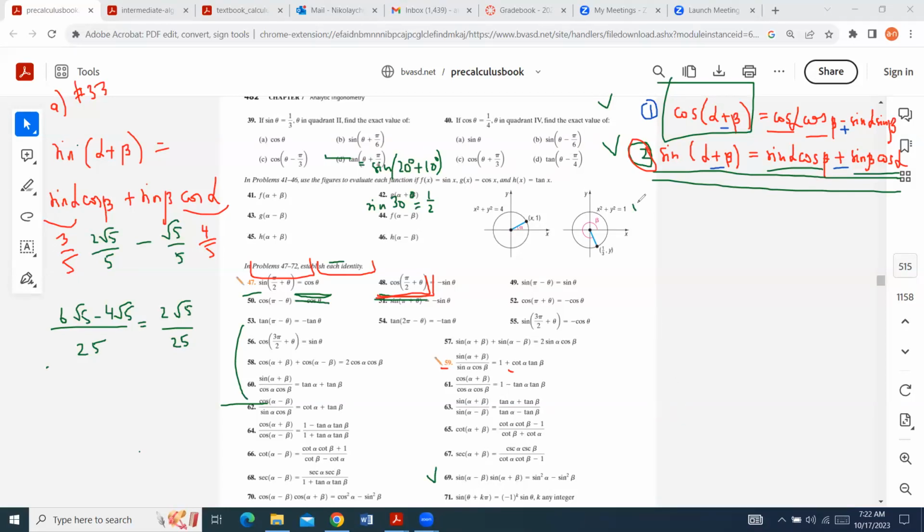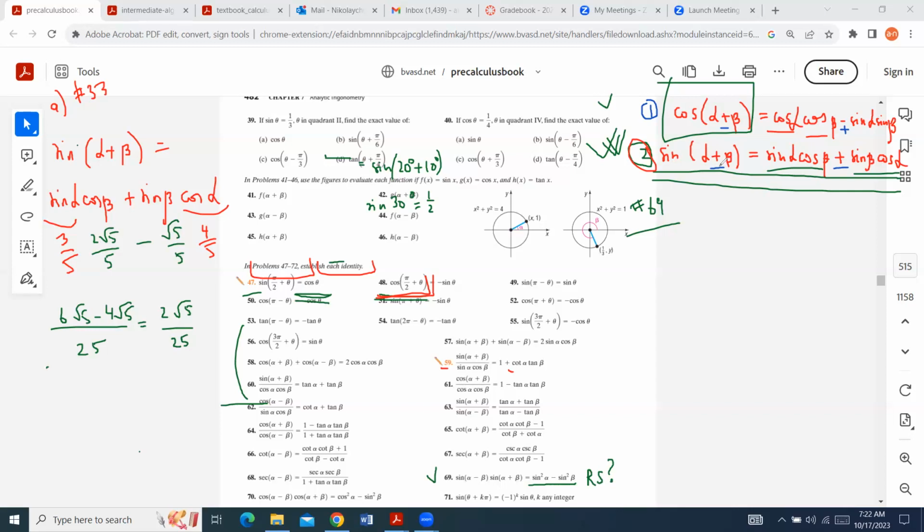Number 69 exercise, I definitely want to work with the left side, because there we right away are going to apply formula number 2 twice. And our goal will be to produce what's on the right side. So whatever it is on the right, I need to produce.